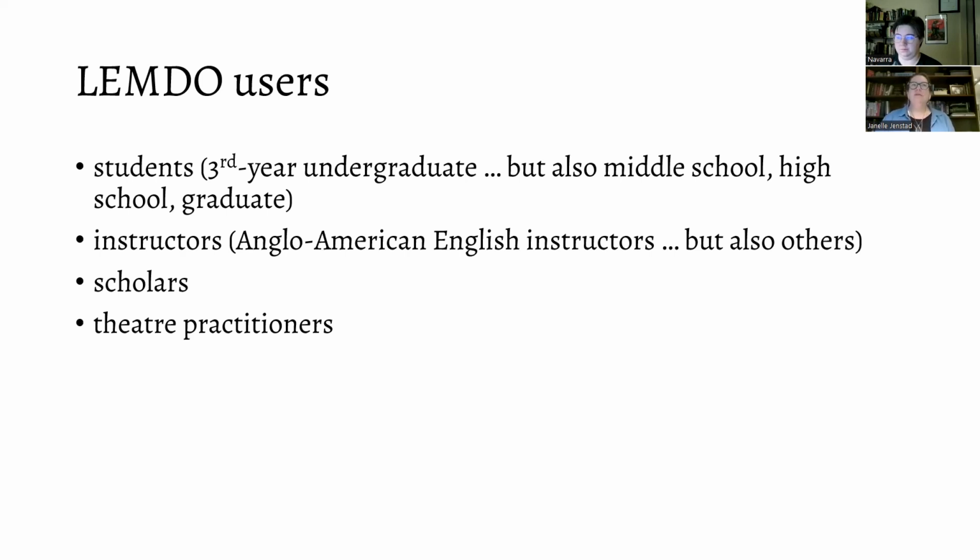So be sensitive to the fact that our users may be working in one of the many global Englishes, and those Englishes have evolved in different ways. So think about how early modern English is going to land in other parts of the world.